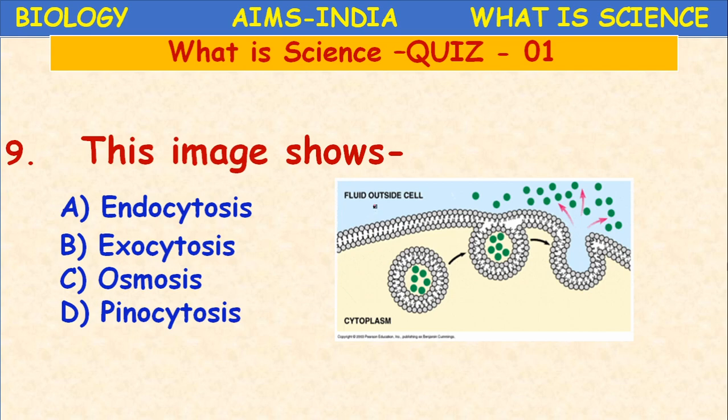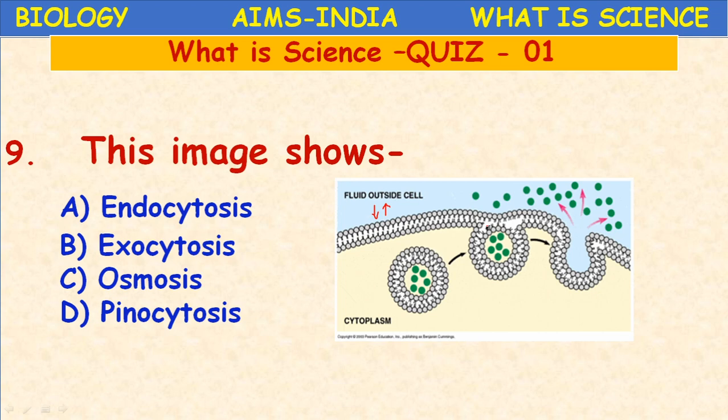Osmosis, the movement of particles, takes place to and fro through the plasma membrane from high concentration to low concentration. When two solutions of different concentrations are separated by this plasma membrane, the exchange of materials takes place. That is called osmosis. It is a physical and physiological process, whereas pinocytosis and endocytosis are physical processes.